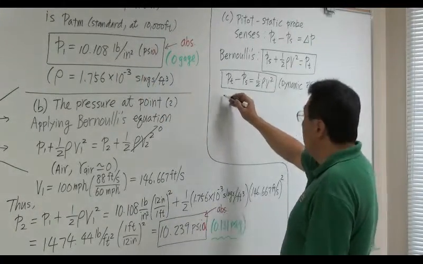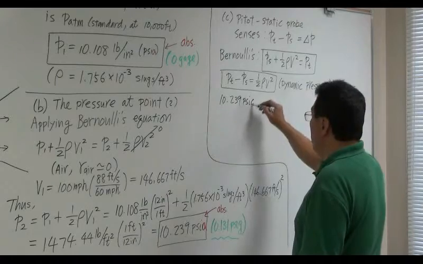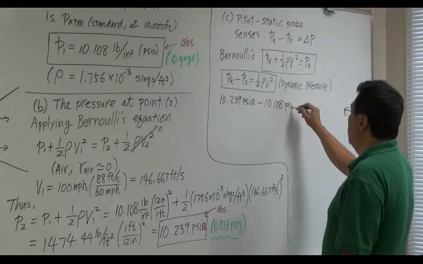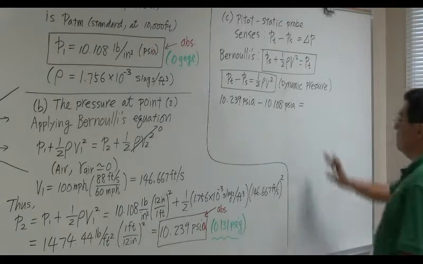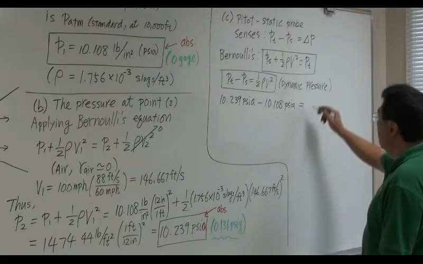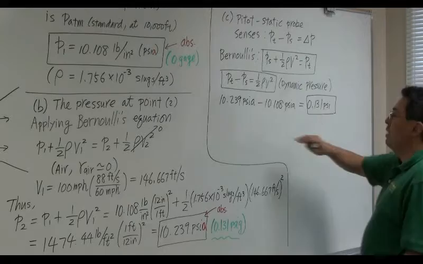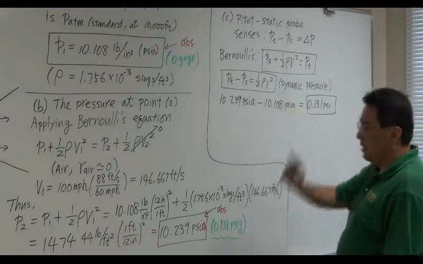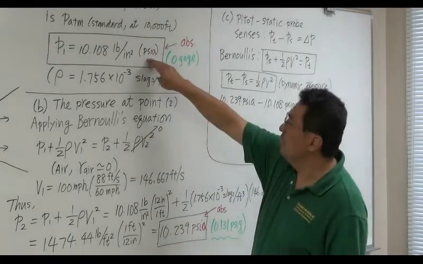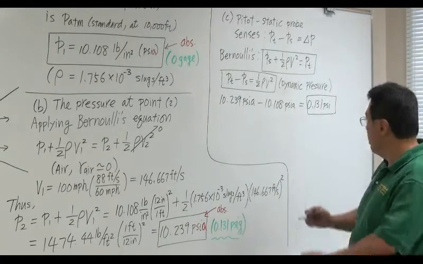So this means 10.239 psia minus 10.108 psia is going to get you delta P, which is dynamic pressure in psi, which is 0.131 psi. So this is the pressure difference between total pressure and static pressure. If you take the difference between them, that is equal to the gauge pressure measured at the stagnation point, which is equal to dynamic pressure.